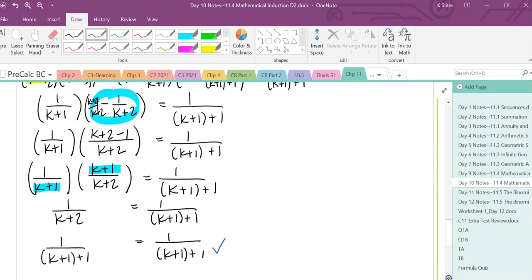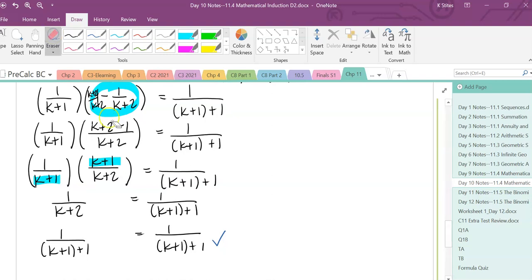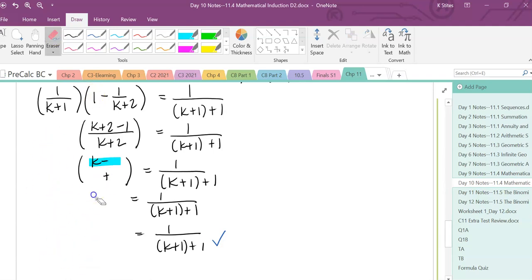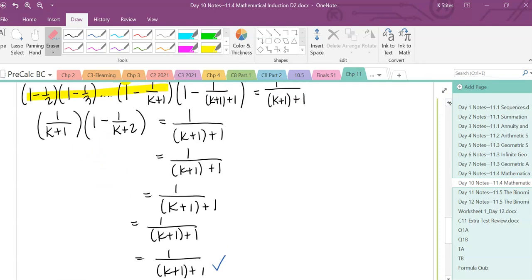Okay, now before you go, I just wanted to show you one more way to do this. It might not seem like the best way for this problem, but this is a strategy you could use for other problems. Since you have this fraction out front, you could use the distributive property. So 1 over k plus 1 times 1 is just 1 over k plus 1. 1 over k plus 1 times 1 over k plus 2 is 1 over k plus 1 times k plus 2.